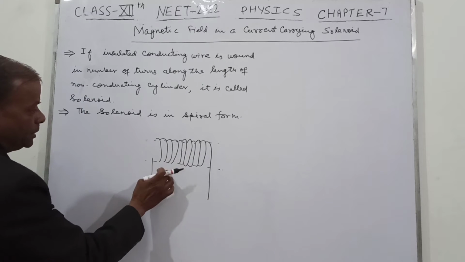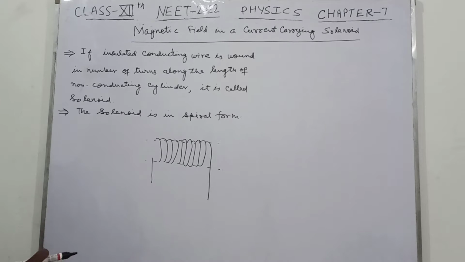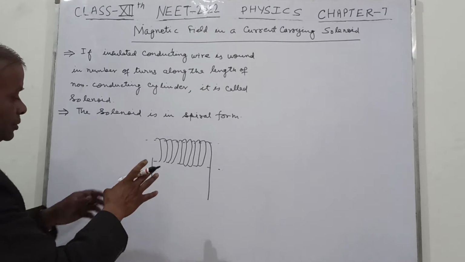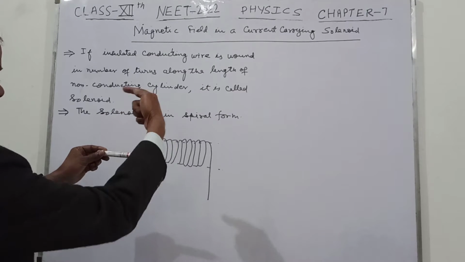This is now a solenoid. It may have the turns like that when this is taken outside. So this is the winding that I have told you.